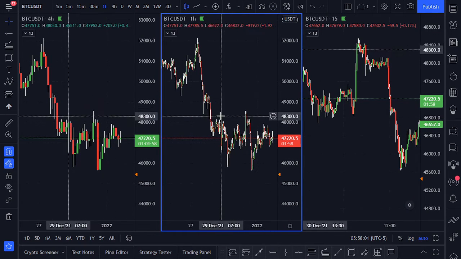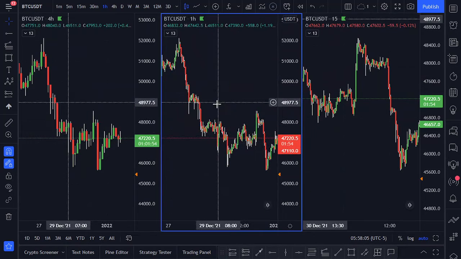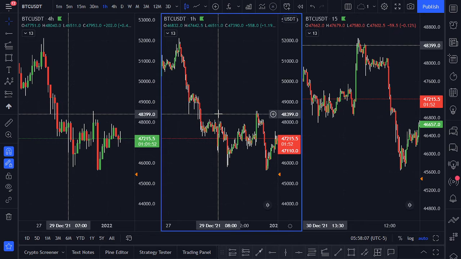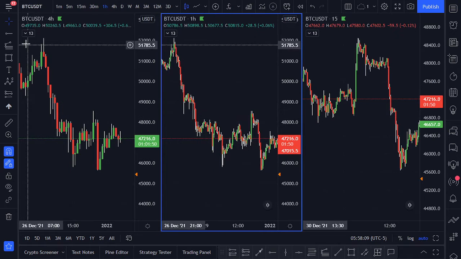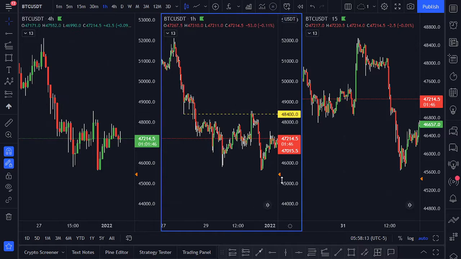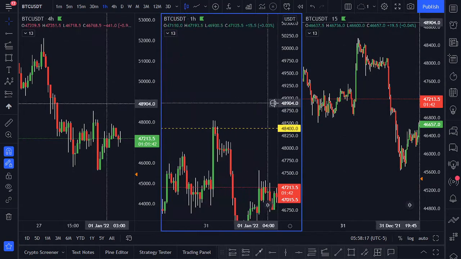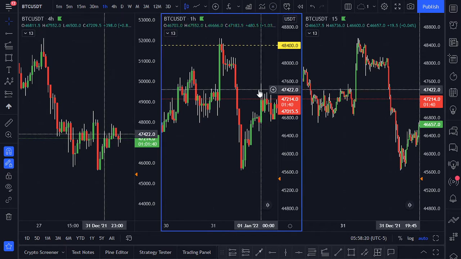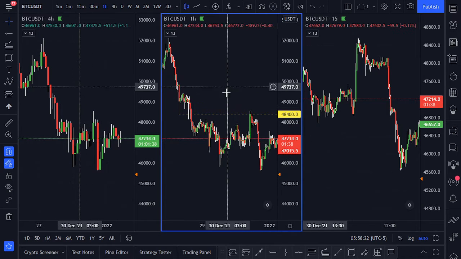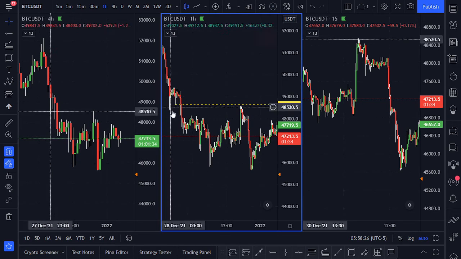Bitcoin's a little bit harder to control, I think. But we can see that this level right here got respected somewhat. It did close above, didn't it? And that's what I look for, because it's really important, at least on this exchange. It closed above. But this would have been the really big resistance level.